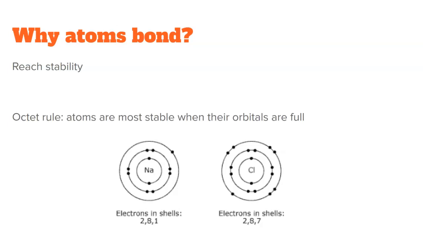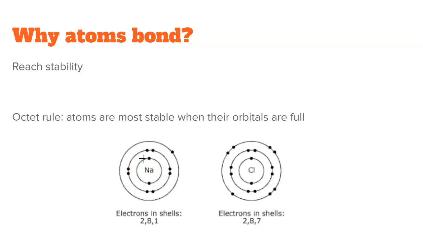And the octet rule says that atoms are most stable when their orbitals are full. So if you look over here, this is sodium. And this is the Bohr diagram for sodium.